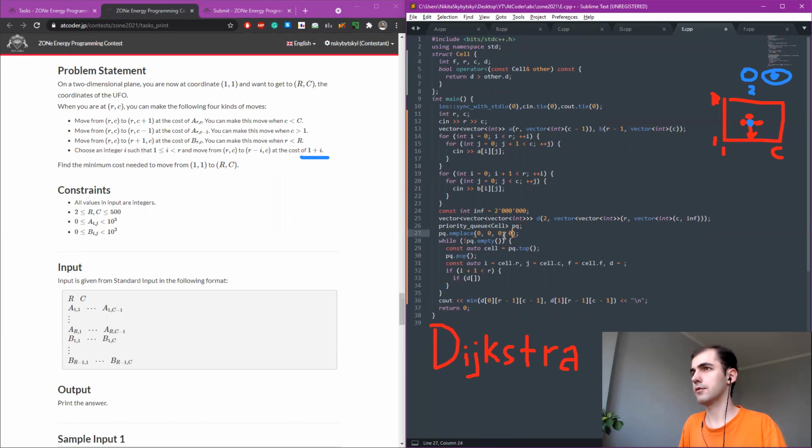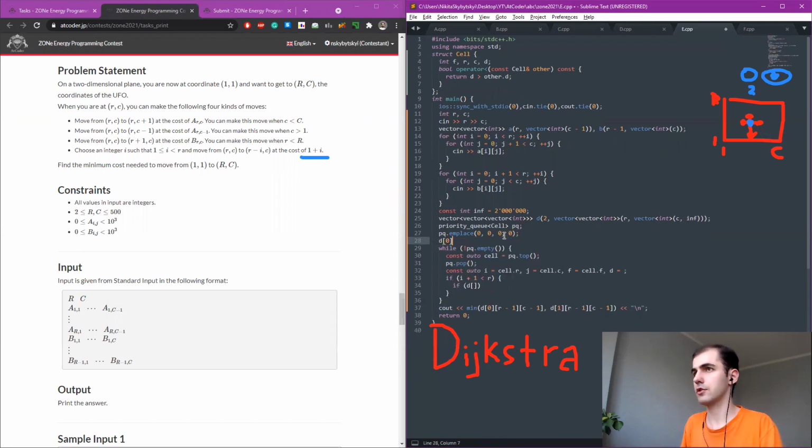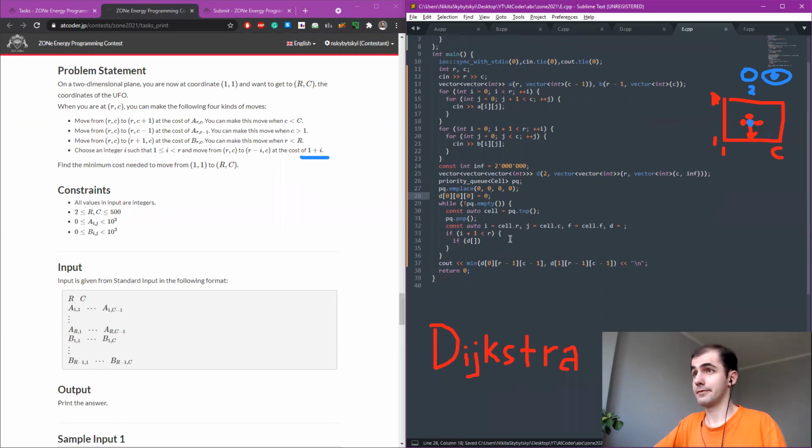Have to place 4 zeros and also to make sure that d000 is okay. So if d[i plus 1][j], first index has to be... No, you can't use d here because it's cd. So distance, right?